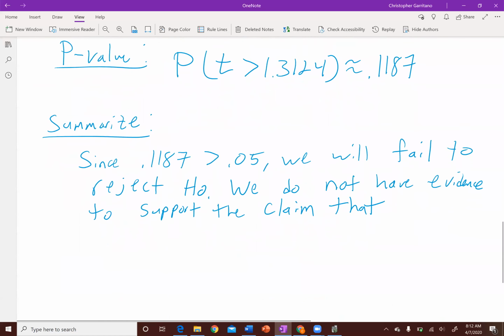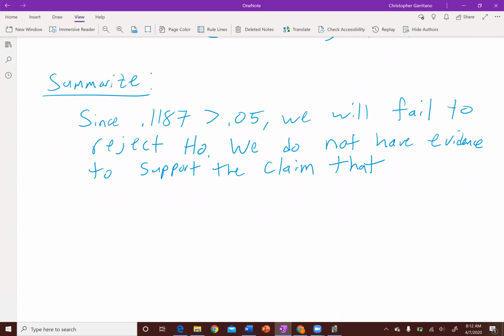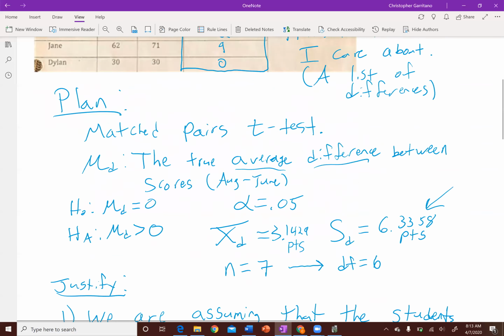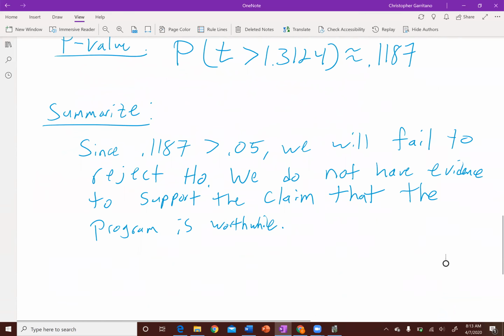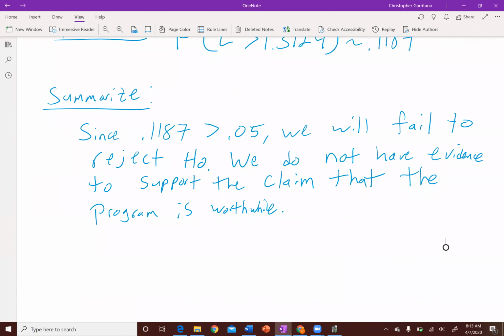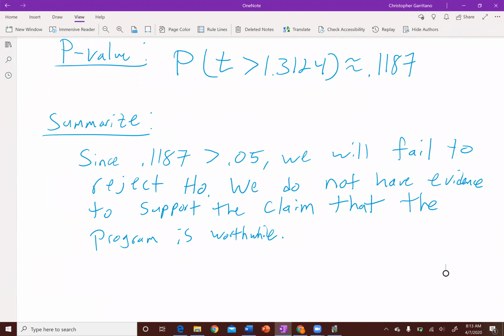Okay. We do not have evidence to support the claim that the program is worthwhile. And that's that. Again, I'm just skipping the interpretation of the p-value because you've seen it so many times, and this is already getting to be a long video.